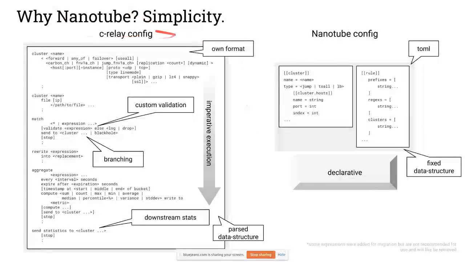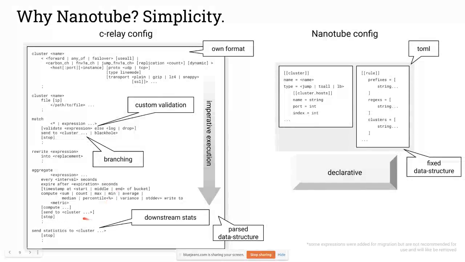So the C-relay config has its own programming language, which is a great fit when one needs to do something Turing complete and really complicated and perform some operations that are really involved. So it has custom validation of records, it can have branching.